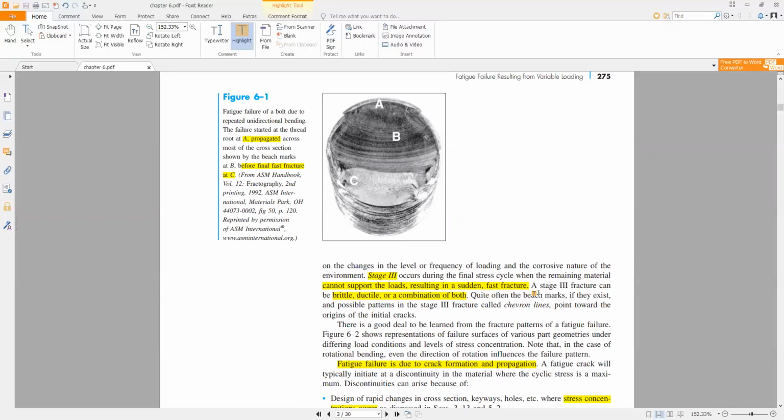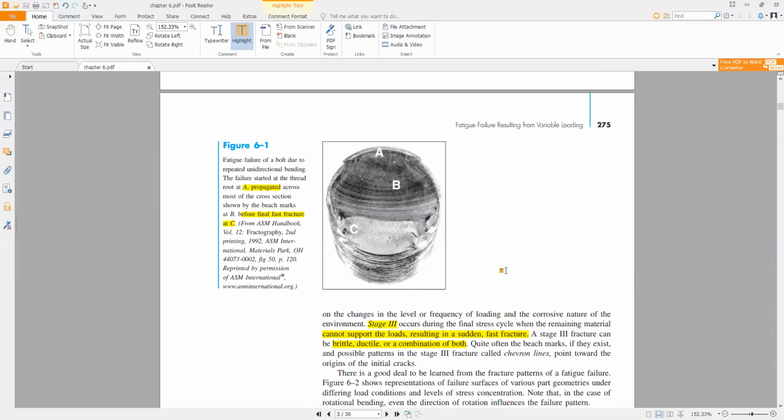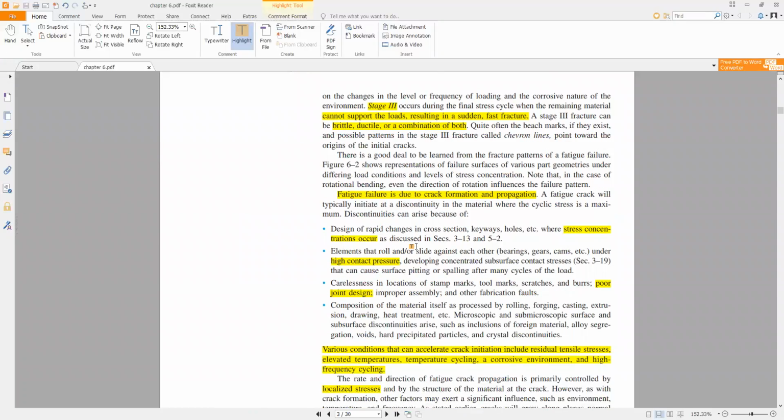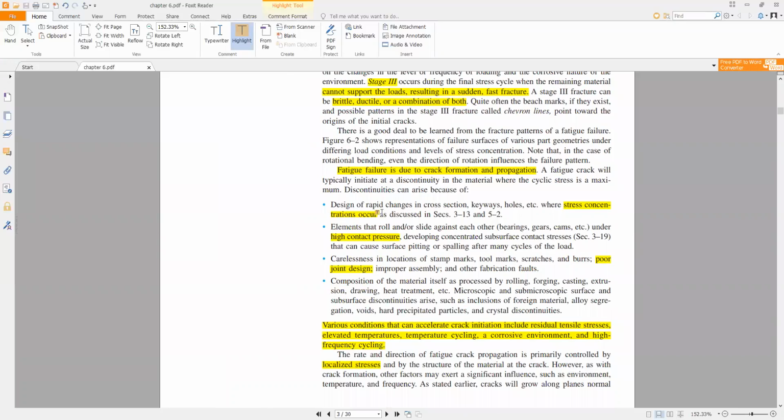It can happen in a brittle manner, a ductile manner, or a combination of both. This is a photo of the stages: stage A propagates, afterward a very fast fracture, and then C, fracture. Normally it happens in three stages. So fatigue failure happens due to crack formation and propagation.